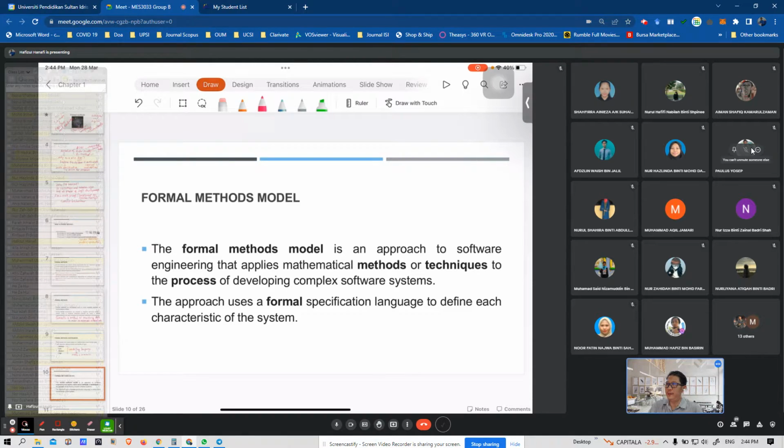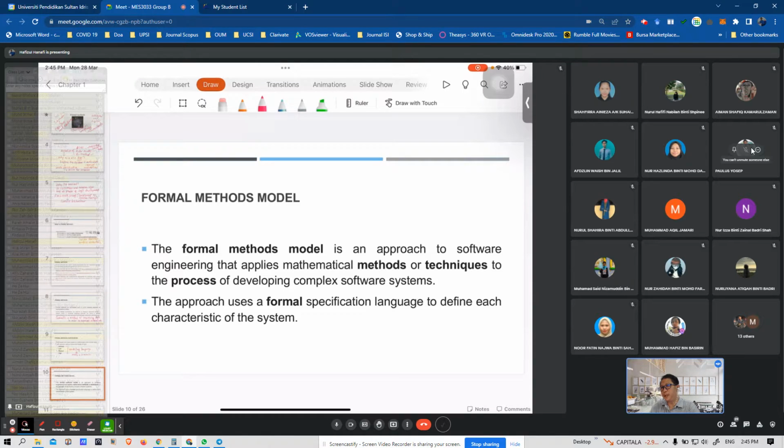this one I have explained to you is an approach to software engineering that applies mathematical techniques to the process of developing a complex software system. And then it uses a formal specification language to define each characteristic of the system, which means that from the informal, low, medium and high, we are using several approaches that vary, especially for complex systems.